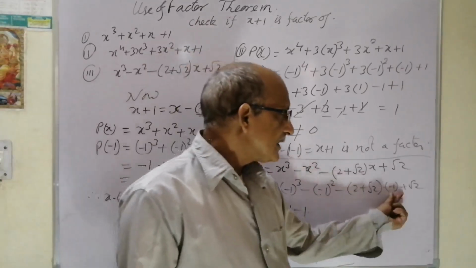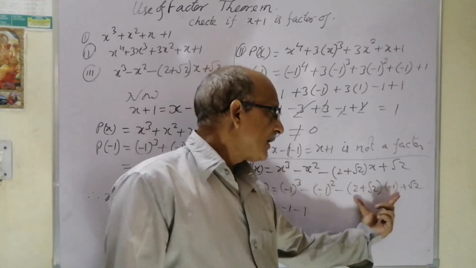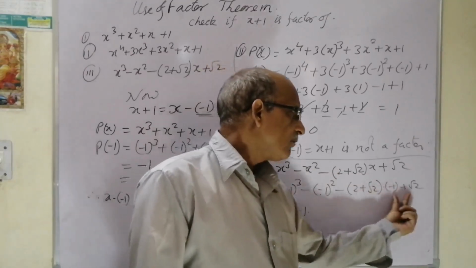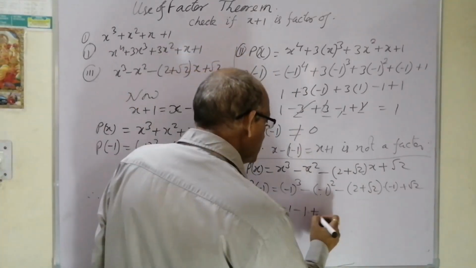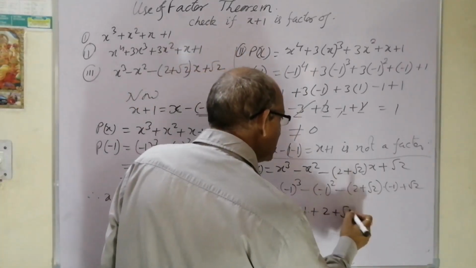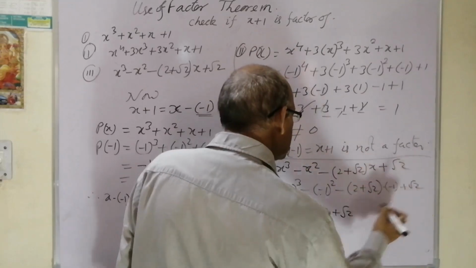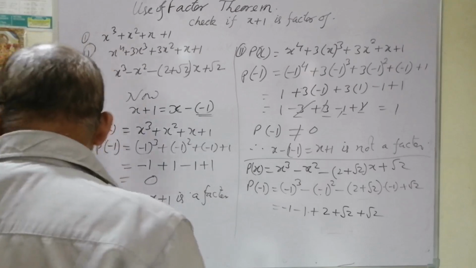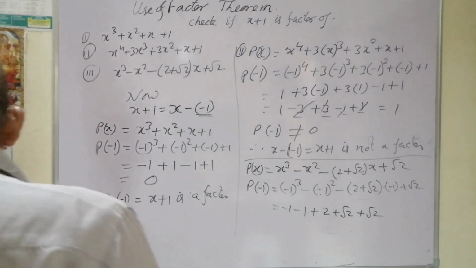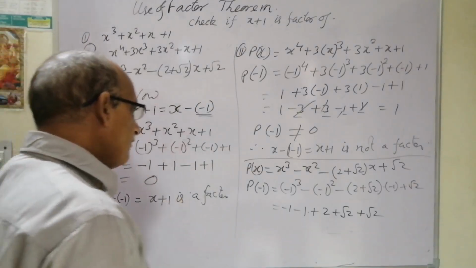Here we will see minus 1 will be multiplied by the whole. This whole is minus and 1 is also minus. So minus and minus multiplied become plus. So plus 2 plus under root 2, and this is again under root 2. Now we'll see.